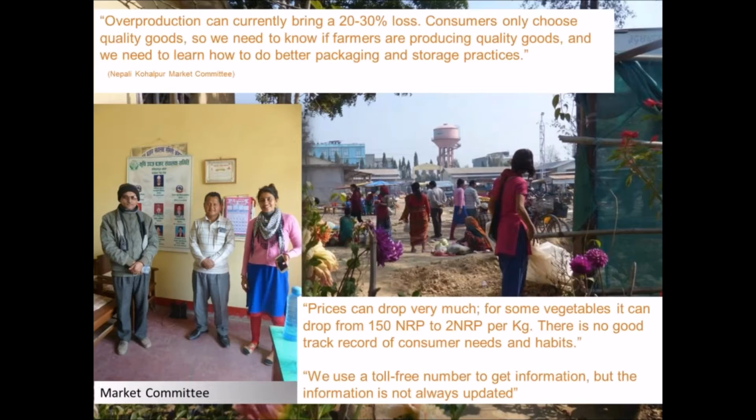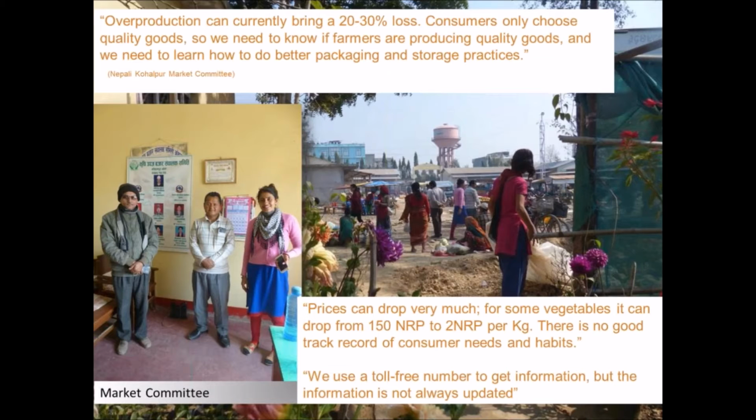The market committee of Kualpur reiterated the need to prevent loss. Today, the loss can reach up to 20 to 30% of production. And so a way to prevent this loss is learning how to do better packaging and storage of goods.